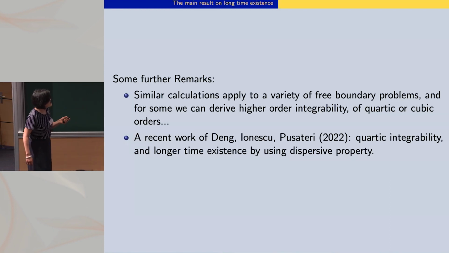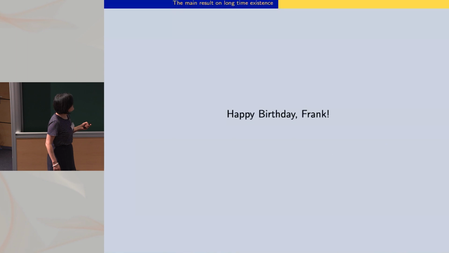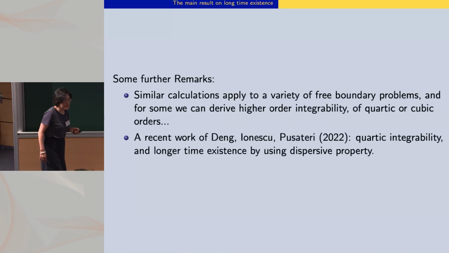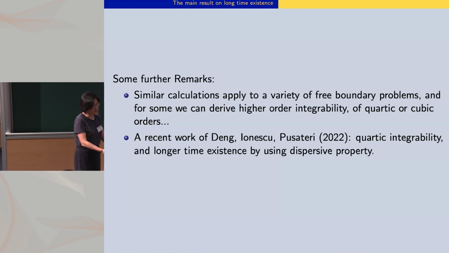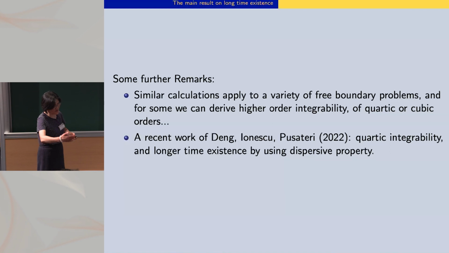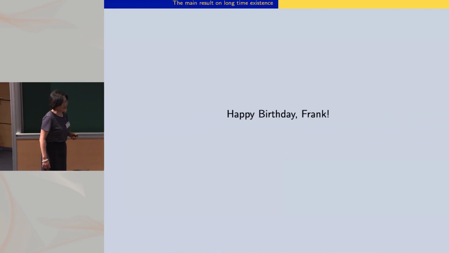This is the new work, but the main idea is really the quartic integrability. If you don't apply dispersive, you stay with epsilon^-3, but if you apply dispersive, you go longer.